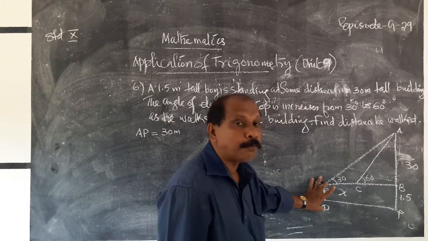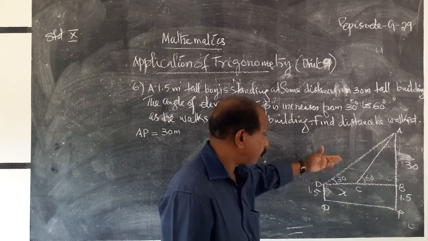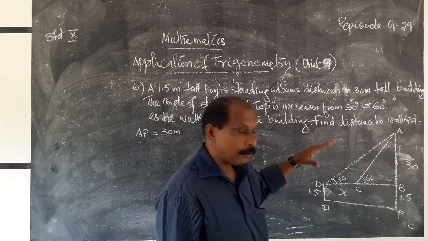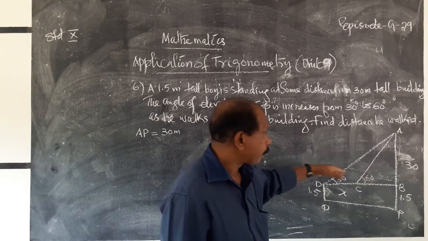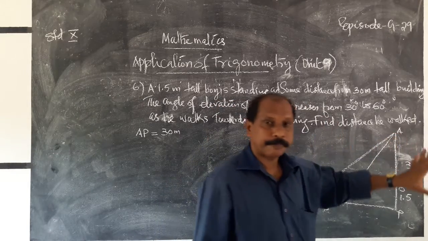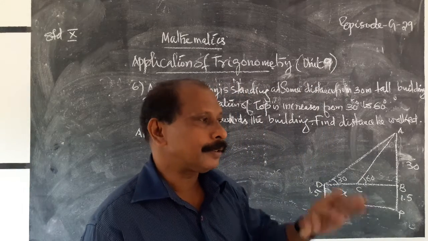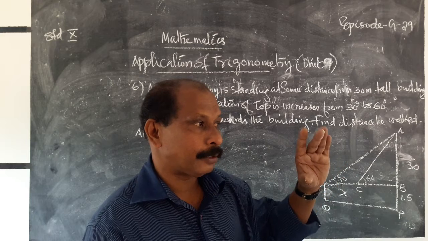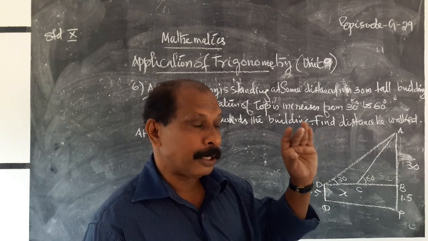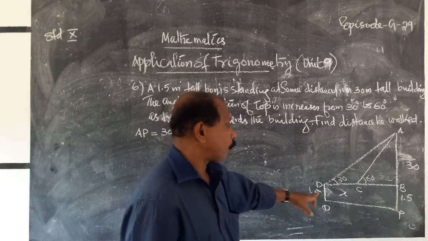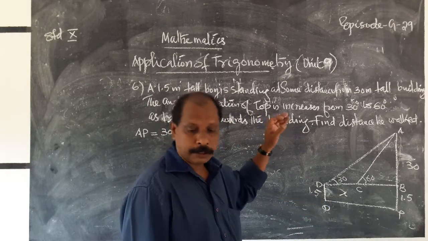But the height of the boy is 1.5 meter. That means using the angle of elevation of the boy, we can find out only AB. That is the height of the tower from the base of the vision, and it is less than the height of the boy. This is an important question.